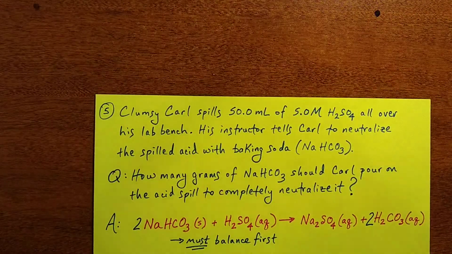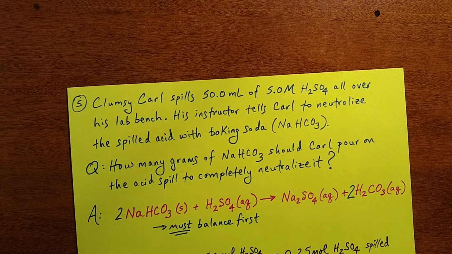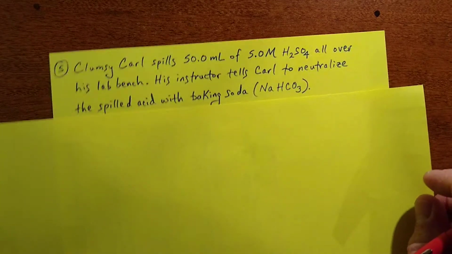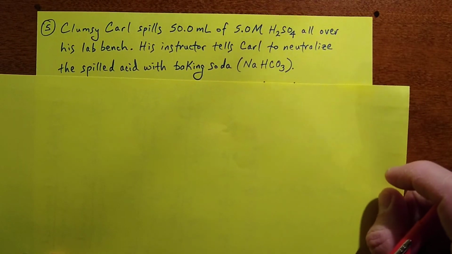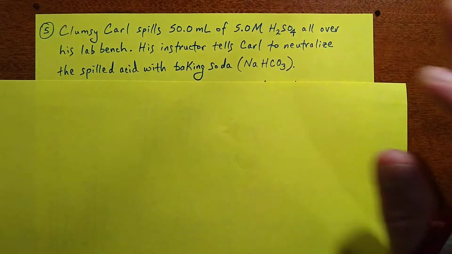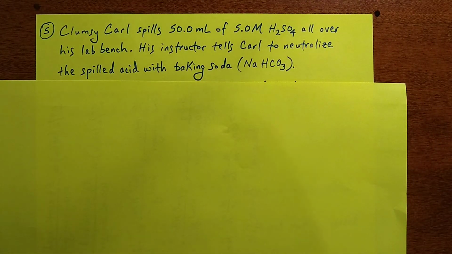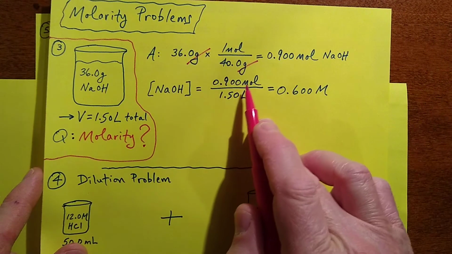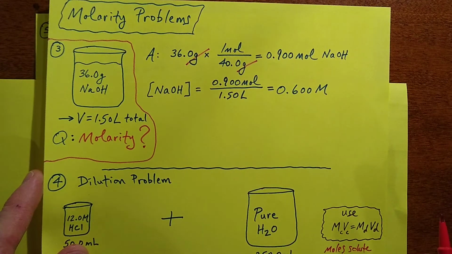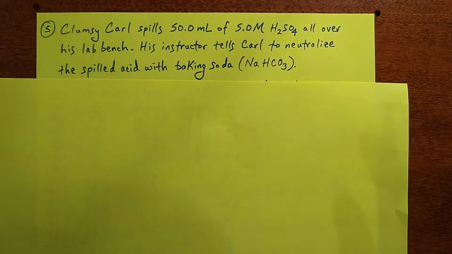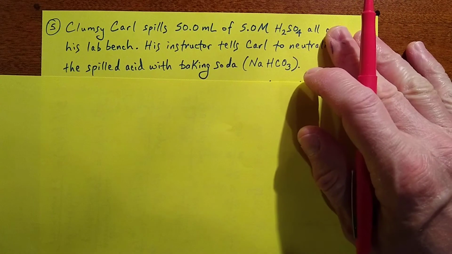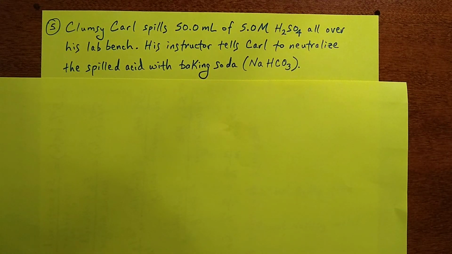Another problem that we just talked about a little bit in your textbook is combining this definition of molarity, moles per liter, with stoichiometry problems where you're calculating how much stuff you get out of a chemical reaction.